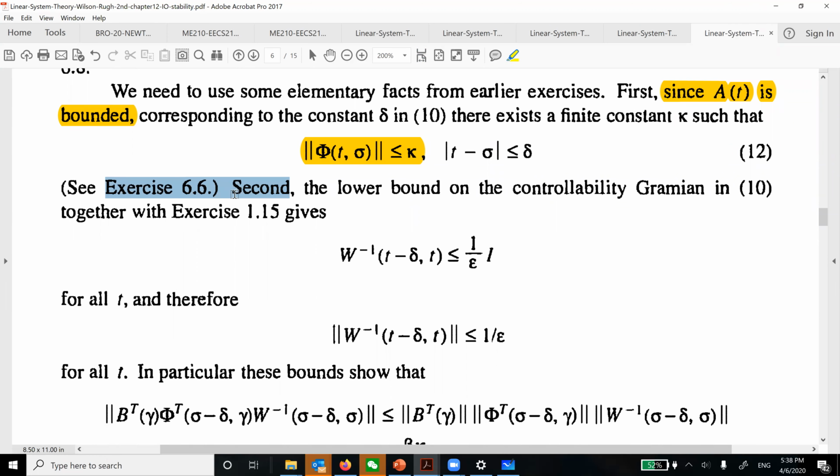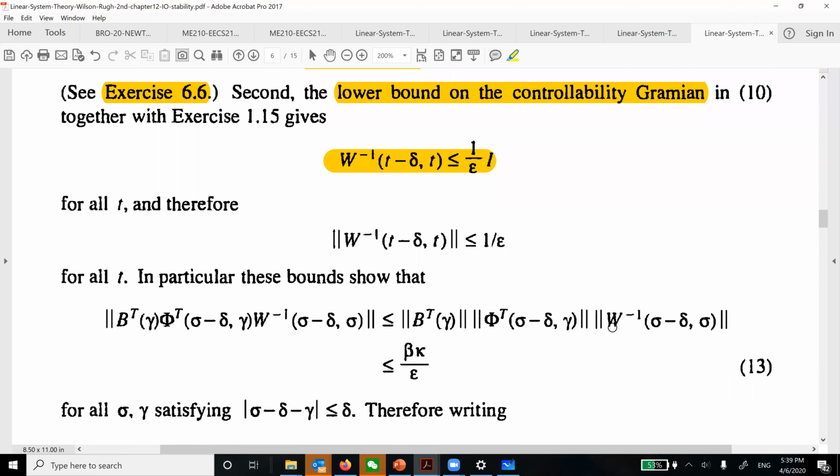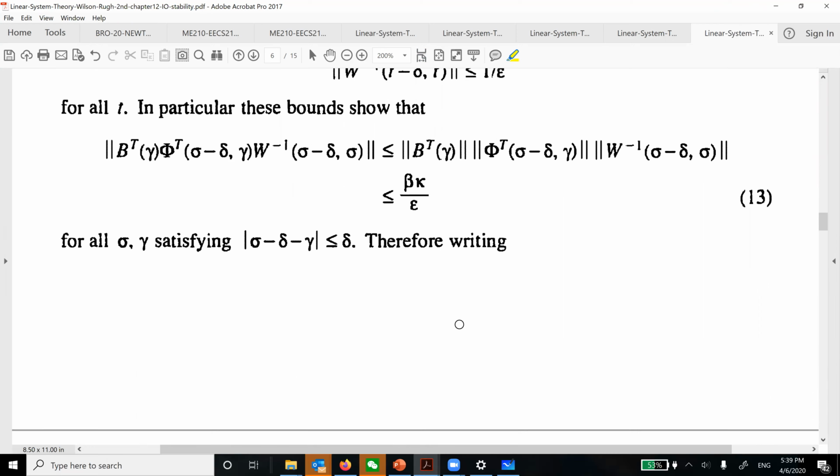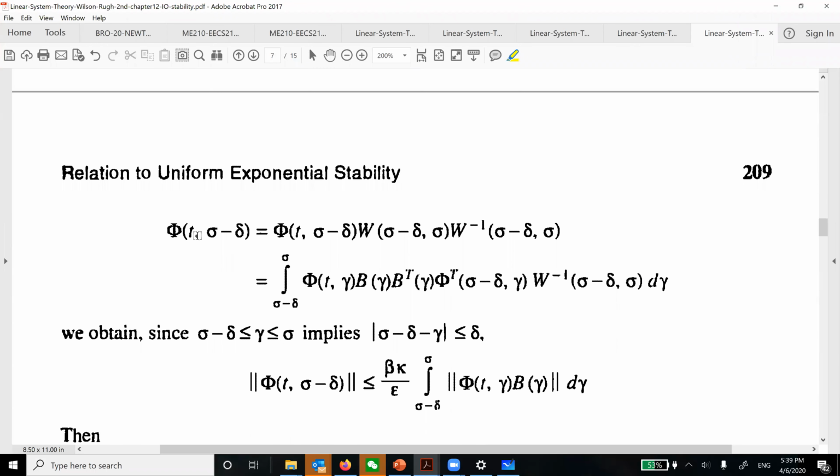So it's inside the exercise. Because of the lower boundedness of the controllability Gramian, you can take the inverse, which is upper bounded. This is interesting. The inverse exists. Then in particular, you have B, this one, inverse, and it's bounded. So you write this one in terms of the Gramian.